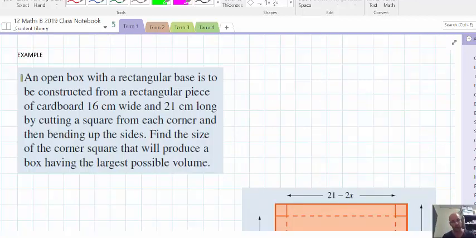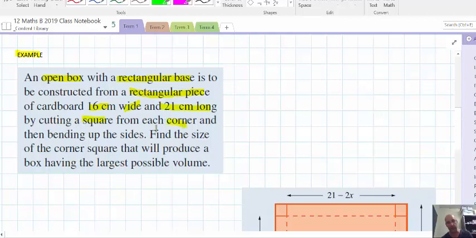So I hope to model what I've just suggested above with an example. We have an open box. It has a rectangular base, and we're constructing it by getting a rectangular piece of cardboard. That initial cardboard has these dimensions, and you might have seen a scenario before.